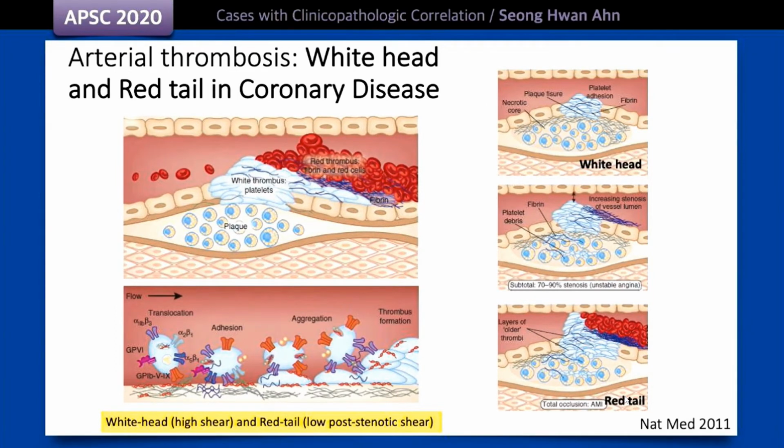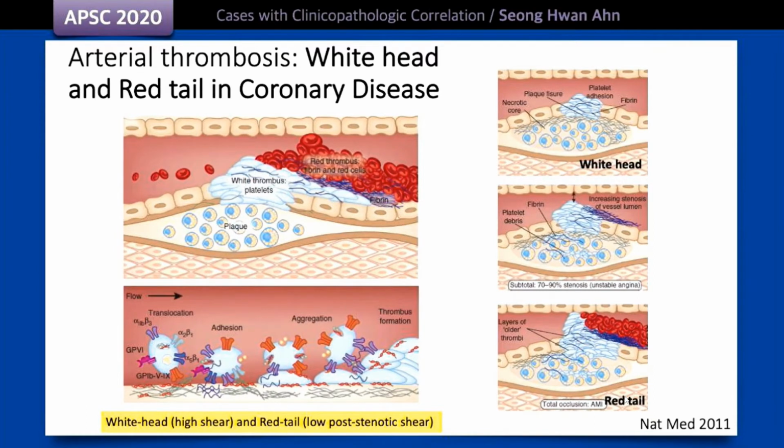We know that large artery stroke is similar to coronary artery disease. The start of thrombosis is from the injured vessel under the ruptured plaque. Coagulation factors and exposed endothelial materials cause platelet adhesion and aggregation. However, those cannot make enough mass.